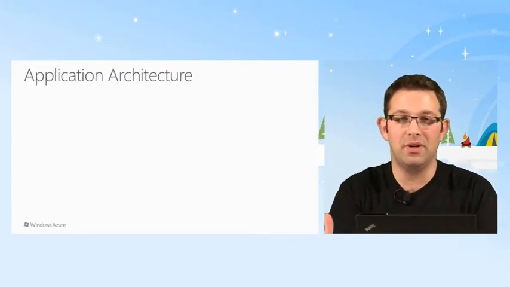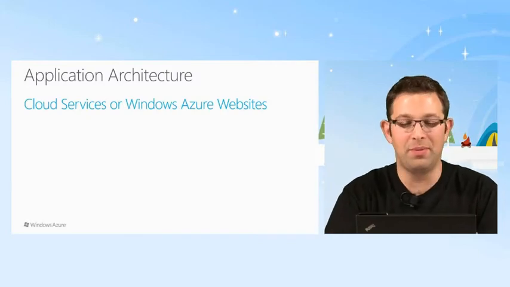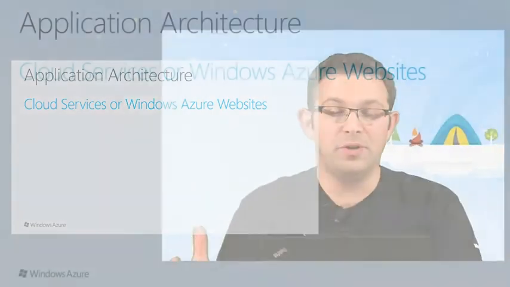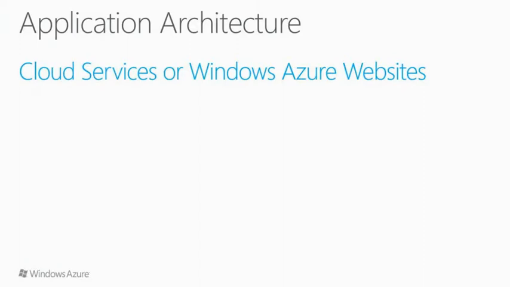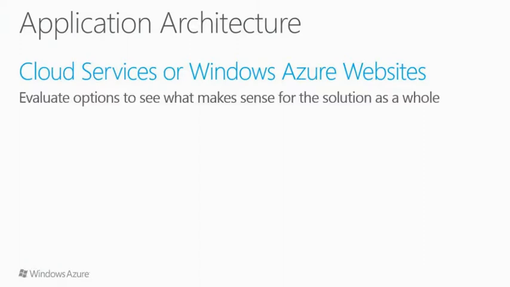So let's look at things from an application architecture perspective. The first thing we have to think about is whether to use a cloud service or Windows Azure websites. You have to evaluate the options that make sense for the solution as a whole, because you can mix and match cloud services with Windows Azure websites.